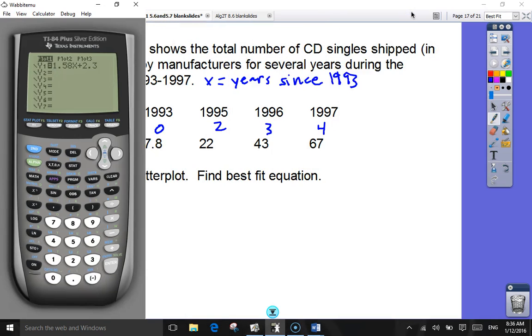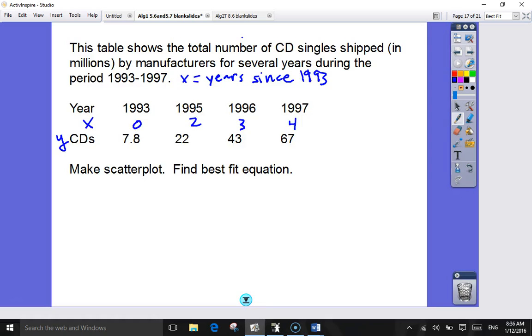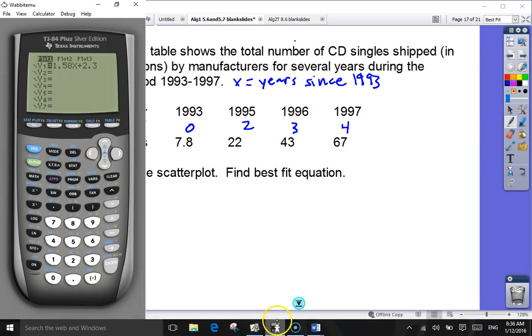I think you can see all the data anyways. I mean, the other thing you can do to clear the data, if you go to stat and you edit, you can actually make the cursor go into where it's highlighted on L1 and hit clear, enter.